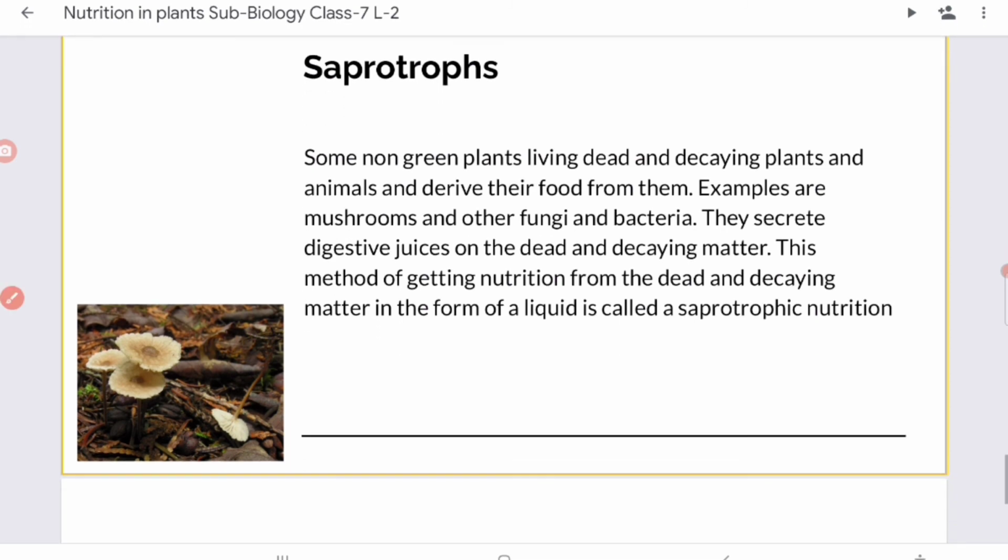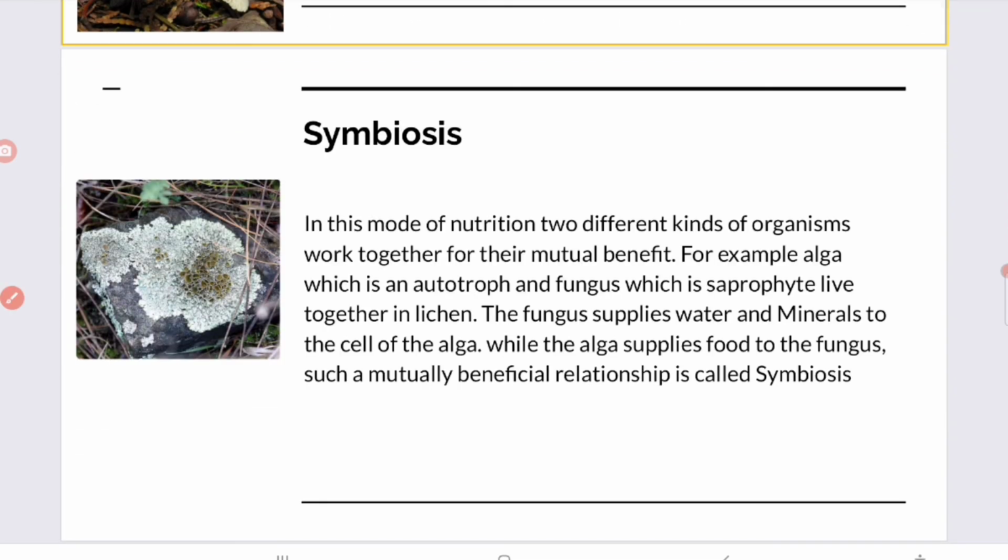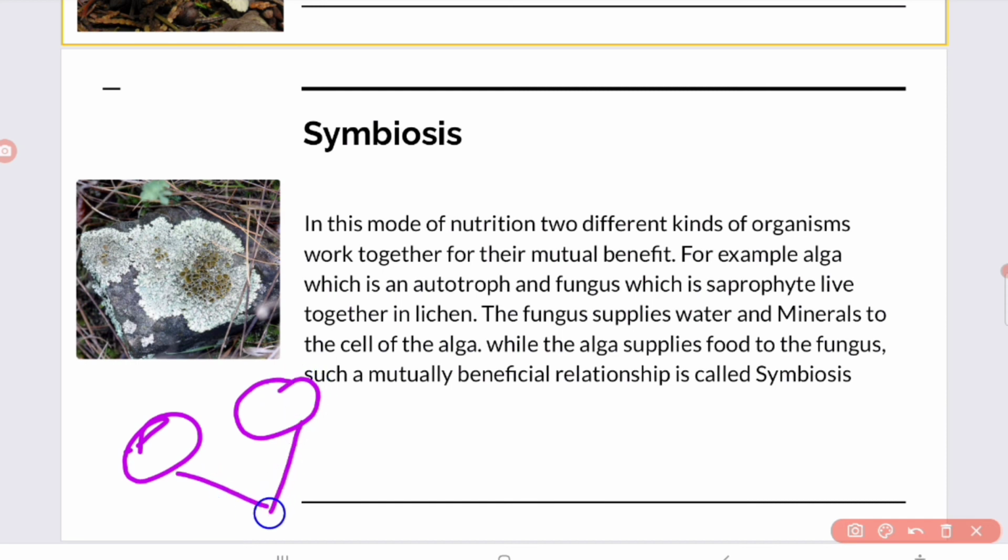Okay, the next type is symbiosis, or you can simply say symbiotic. Symbiotic is a mode of nutrition involving two different organisms.